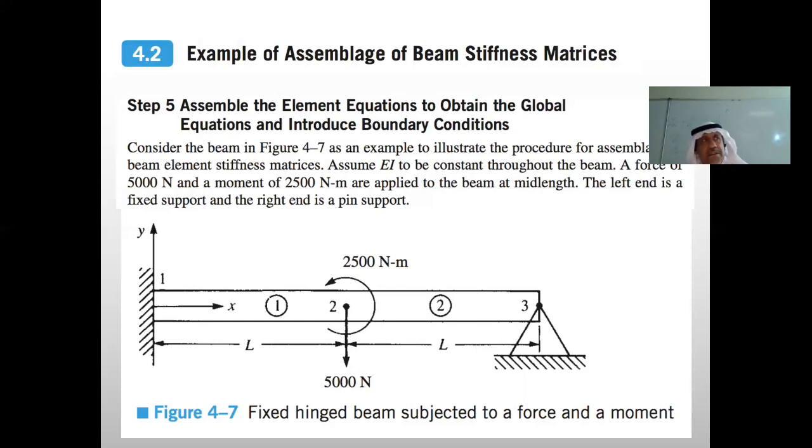Then the boundary conditions. Then you extract a small matrix, solve those, and then go back, substitute, and find the forces. This is global. What if I want to know the forces for each element? Then you have to use the elemental stiffness, right?